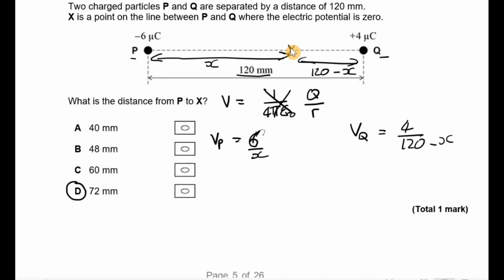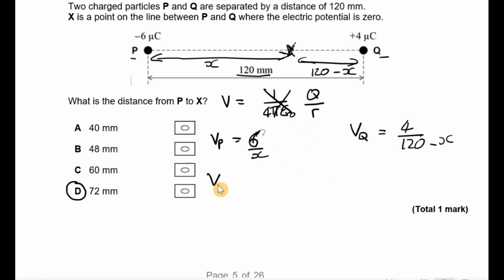Now, where these two electrical potentials are 0 is where they're equal to each other, equal but opposite in signs. I haven't bothered putting the signs in for the charge, it wouldn't make any difference.